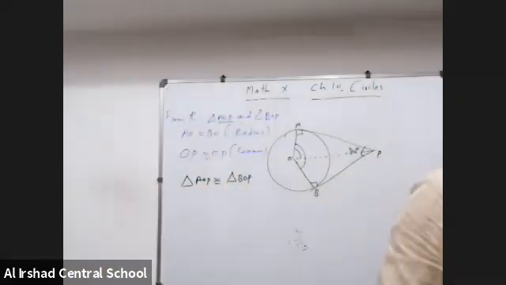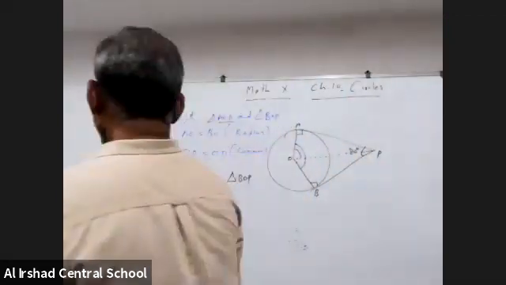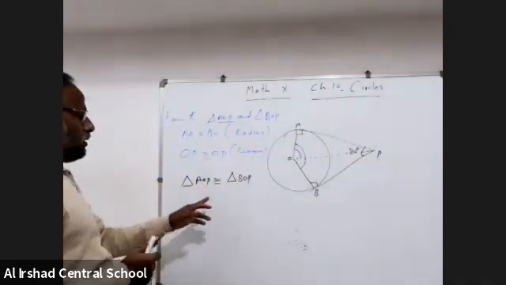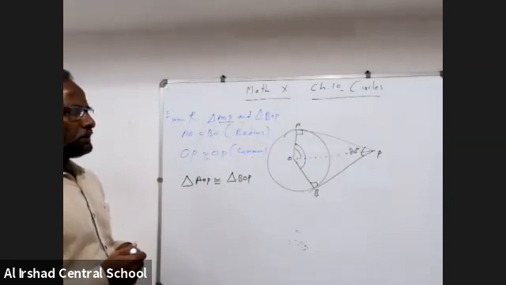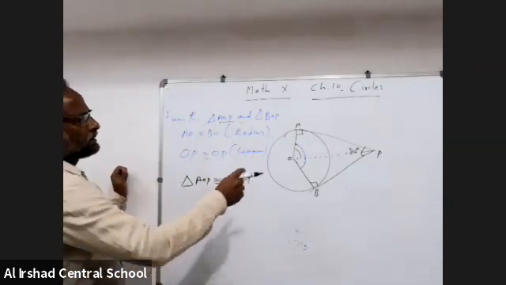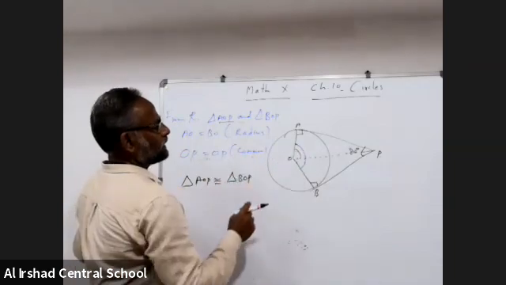Okay. Now, after that, AOP congruent to BOP. So what do we have to prove? In two congruent triangles, these angles are equal.